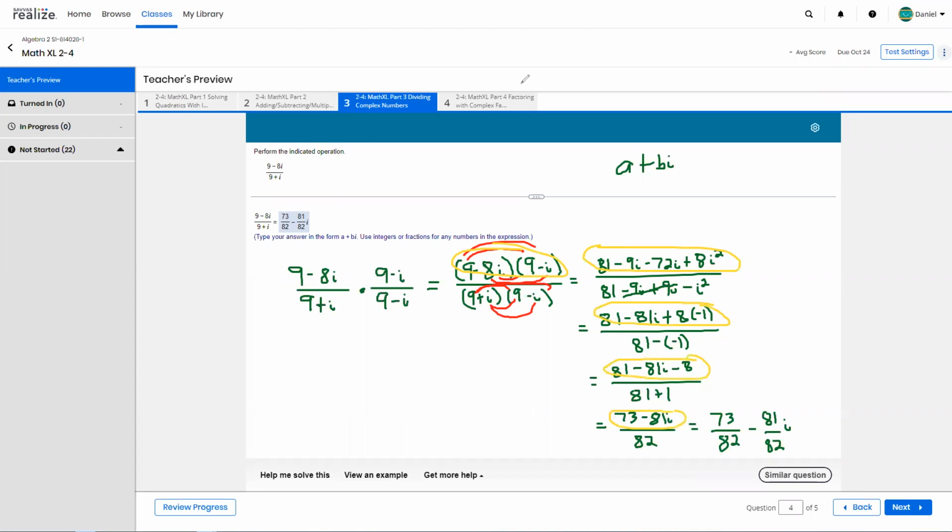And then you have the multiplication problem on the bottom. So it's just basically two multiplication problems which you're doing together. Okay, and that is division.